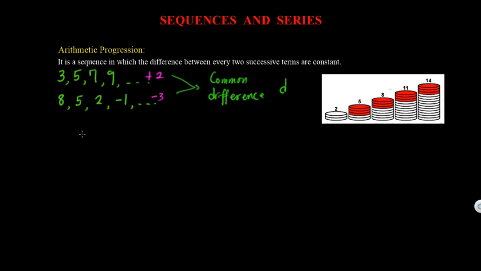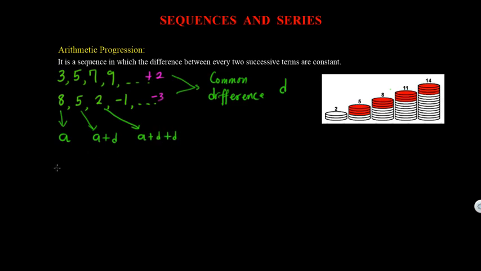So in an arithmetic progression, the first term is always denoted with small letter A. The second term is gotten by saying A plus D, and the third term will be A plus D plus D, where D is the common difference.